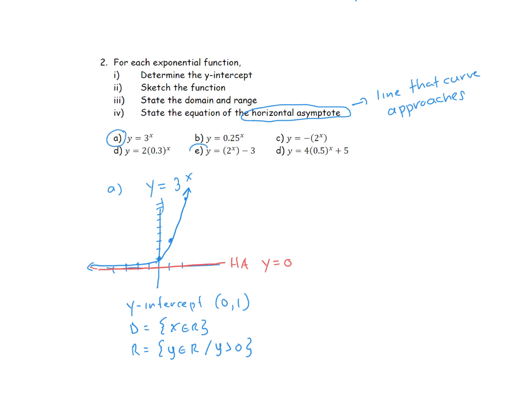So I'm going to skip over to E. So E, y equals 2 to the power x, and then after that we're going to subtract 3. So what does that do to the graph? Well, I'm going to do a table of values.